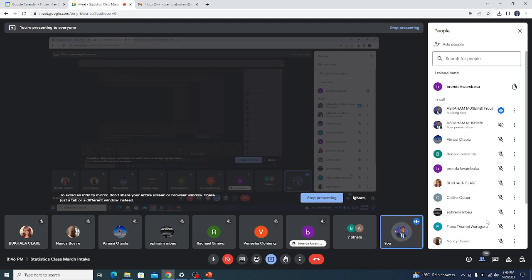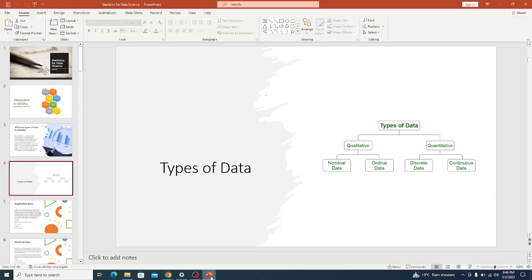Let's start with discrete. We are talking about whole numbers here under discrete. No decimal is attached to the values.